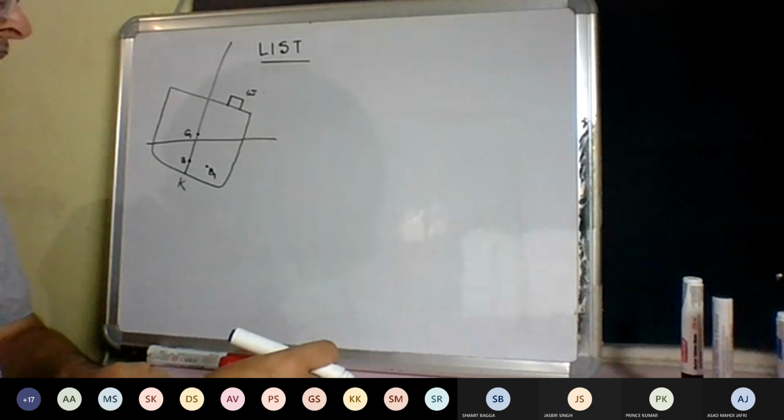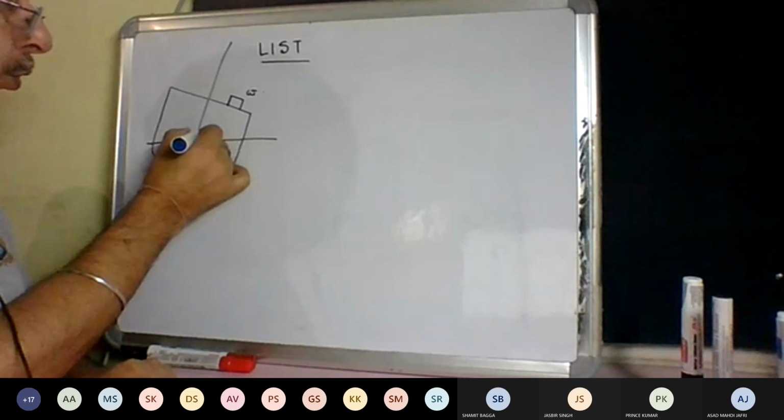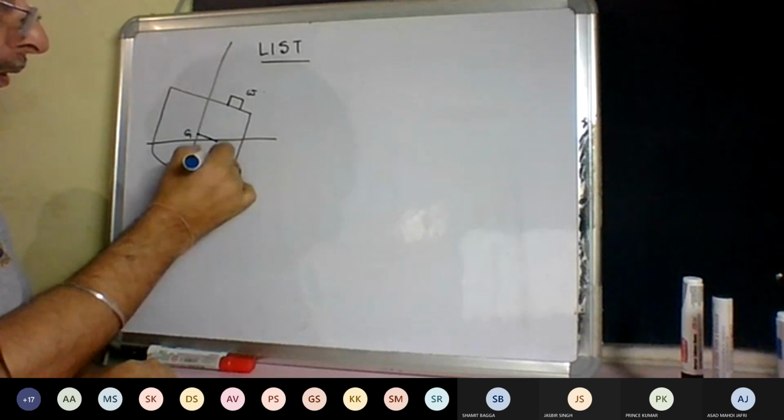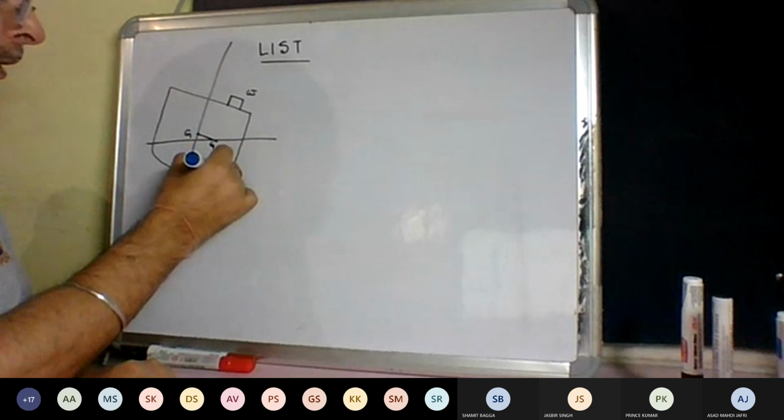If it is a discharge, then it will be shifted to the opposite side. So as a result, the G of the vessel would also shift in a direction. Let's call that G1.